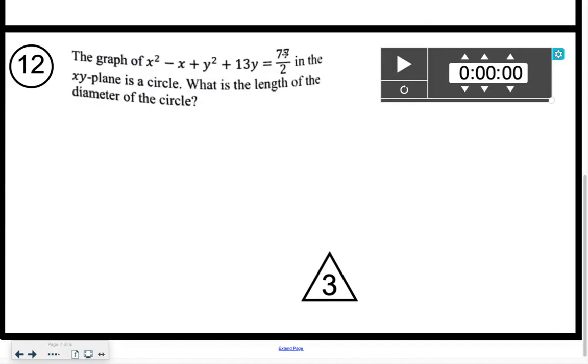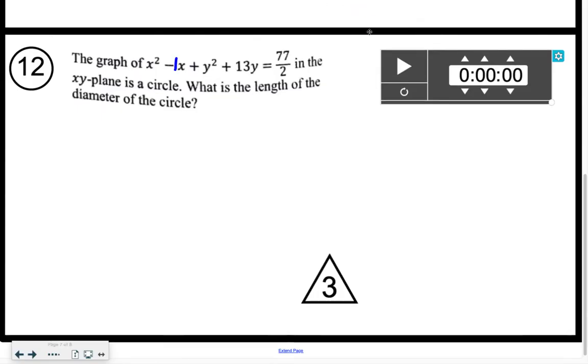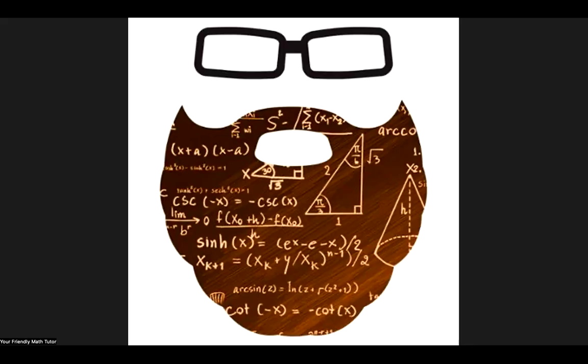But the fact that I've already got a fraction, I'd have to take half of 1 and square it and half of 13 and square it. Not that I can't do that. Again, we're talking about making decisions to do things as quickly as possible. I would decide I'm not doing that. I'm just going to use Desmos. So let's hop back into Desmos and talk about how we would find the diameter.